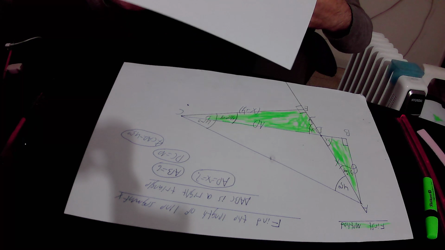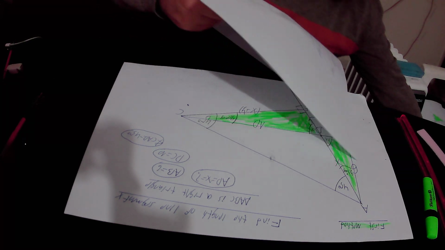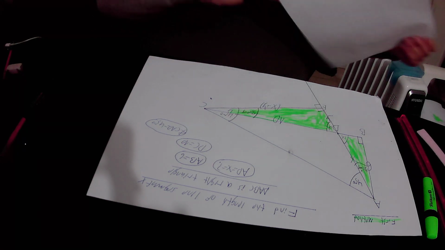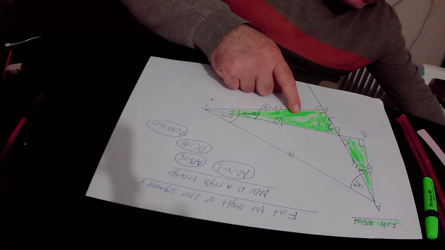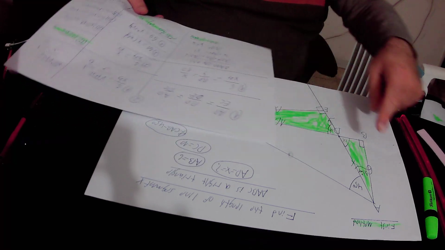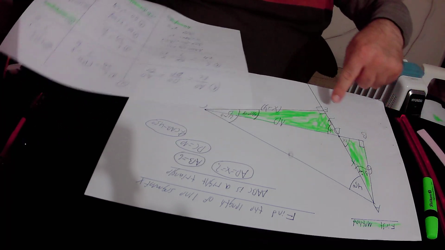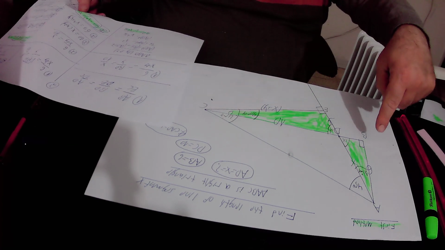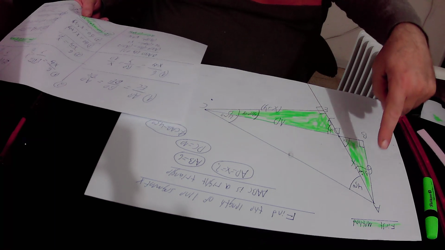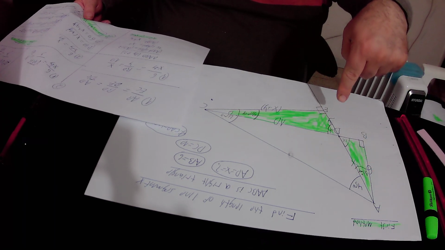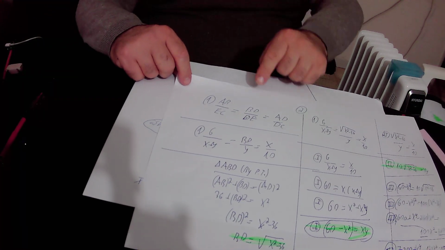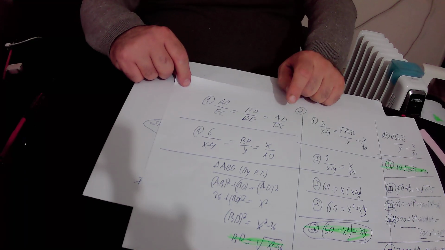From the fact that those two triangles are similar, we conclude the following relationship exists between the sides of those two right triangles: AB over EC equals BD over DE equals AD over DC.